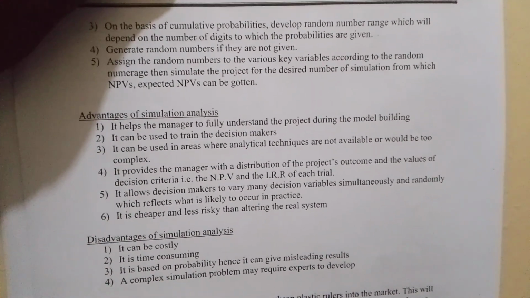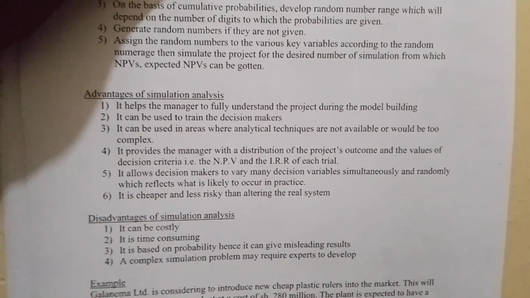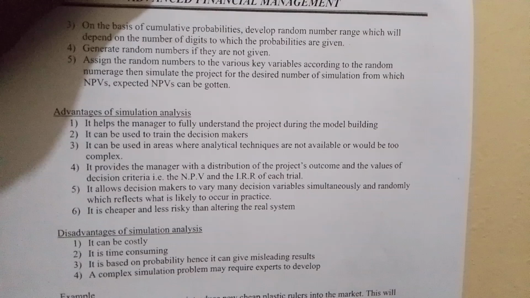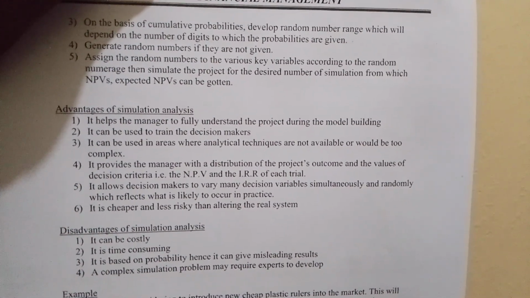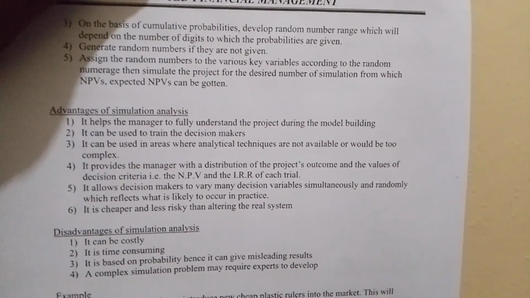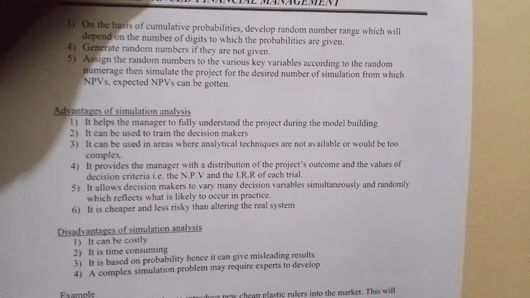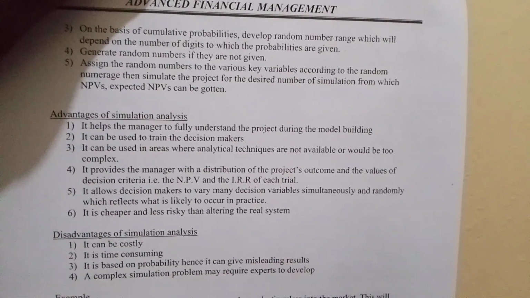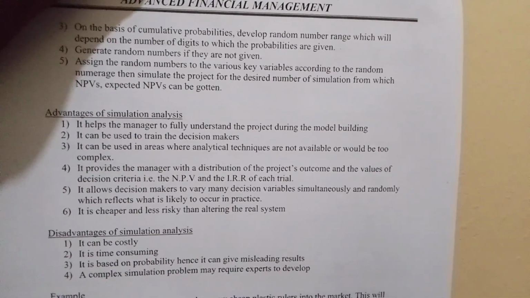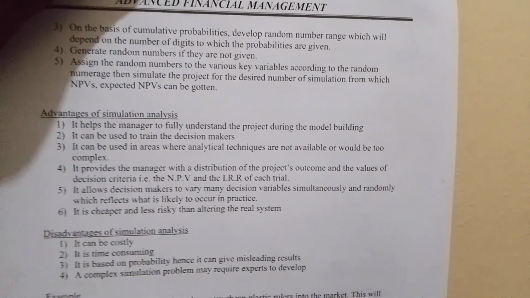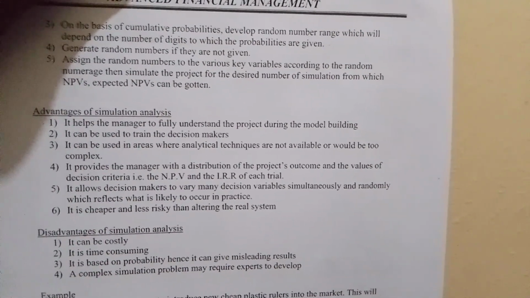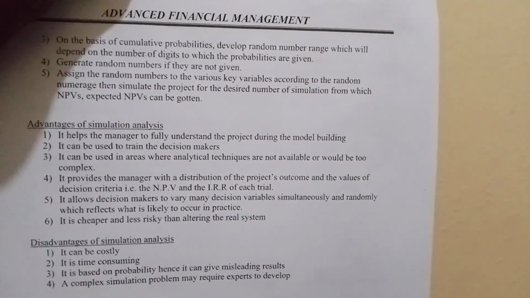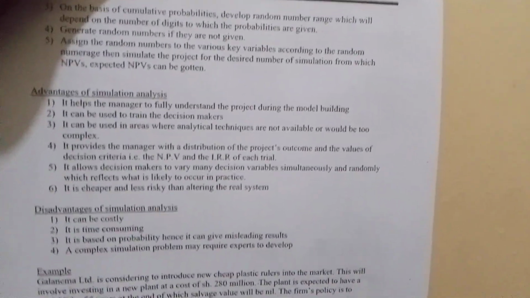Advantage number 4, it provides the manager with a distribution of the project's outcome and the values of decision criteria, i.e., the net present value and the internal rate of return of each trial. Number 5, it allows decision makers to vary many decision variables simultaneously and randomly, which reflects what is likely to occur in practice. Number 6, it is cheaper and less risky than altering the real system.